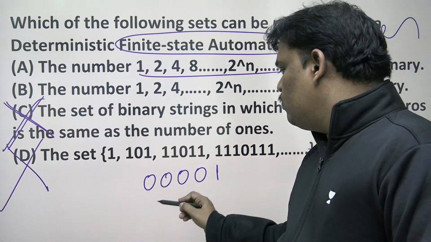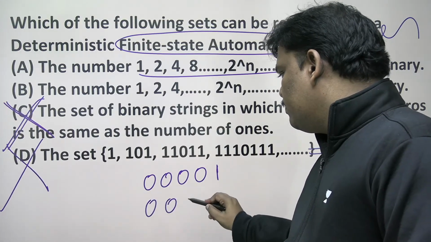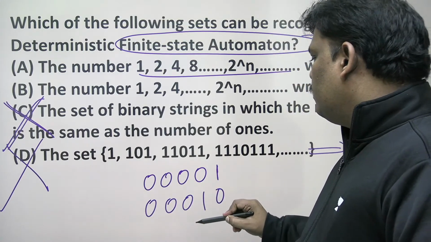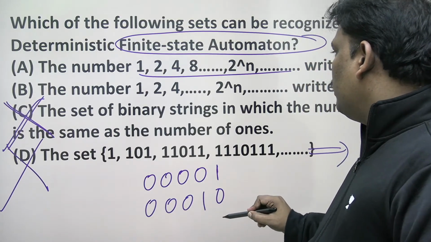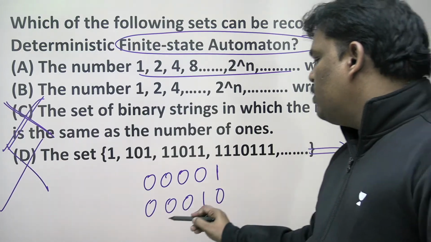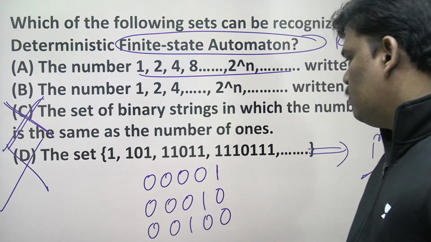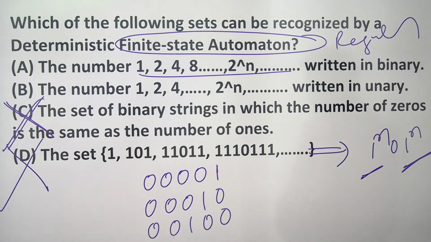The next one is 2, like this. Next one is 4. Next one is 8.